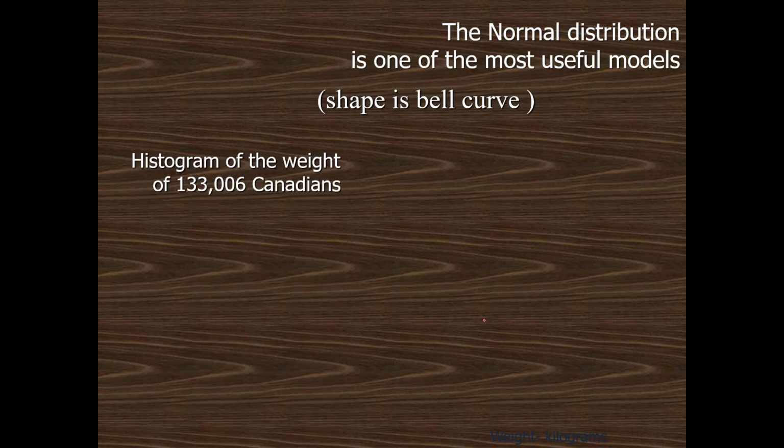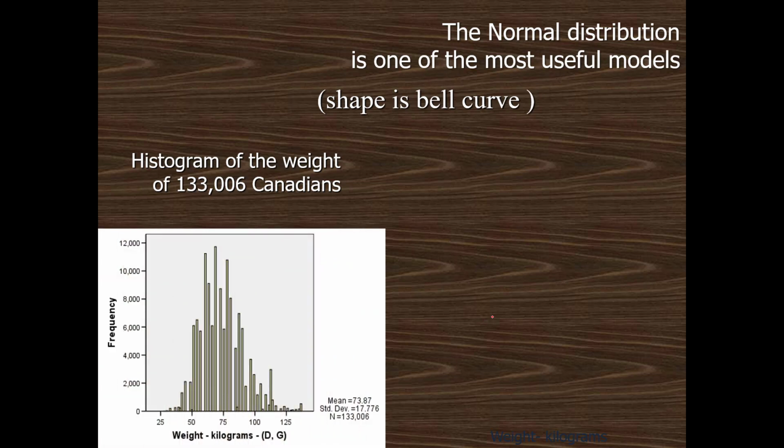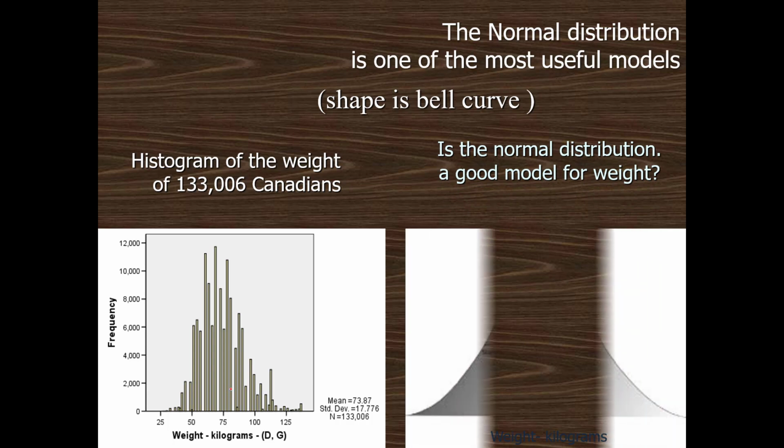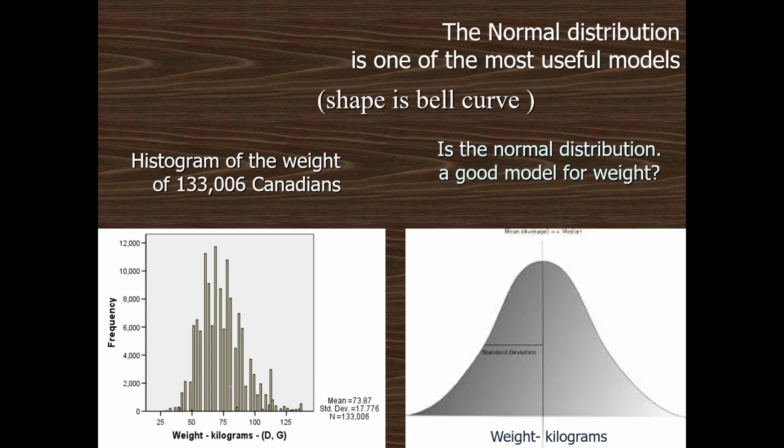For example, here's a histogram of the weight of 133,000 Canadians from the Canadian Community Health Survey data. This is what it looks like. Is it a normal distribution? Close enough? Sort of?